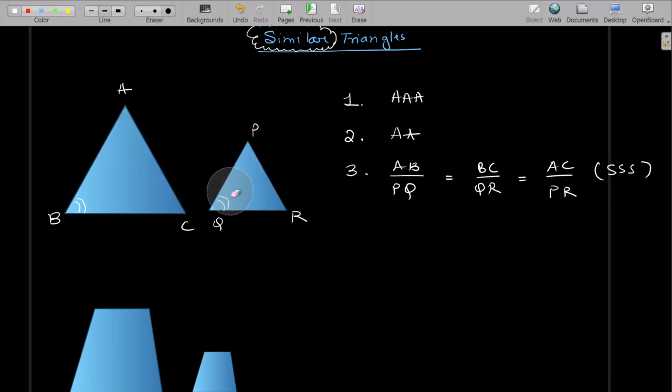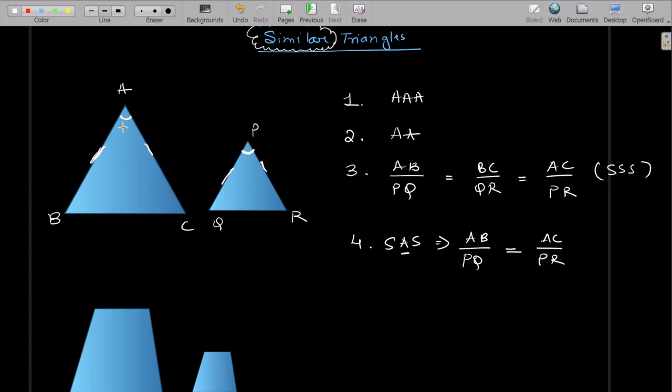Okay, and there is a final rule which is SAS. SAS means in this case if you get two ratios equal, so for example the ratio AB over PQ and the ratio AC over PR are equal, and one included angle, so this angle has to be between the sides.